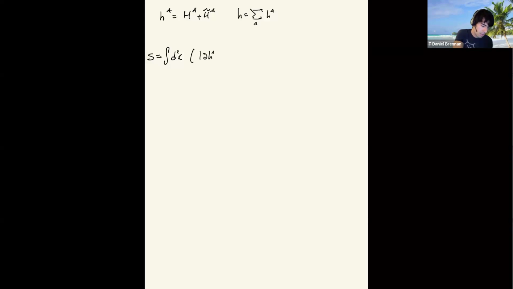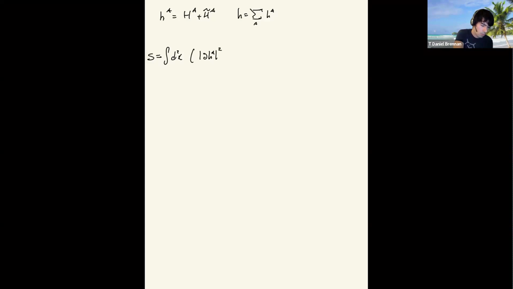So I'm adding here now a mass term. And I'm also adding the gauge interaction, so everything couples together to the gauge field. And then there's this kinetic term for the gauge field. And now we have the quantum mechanics part.